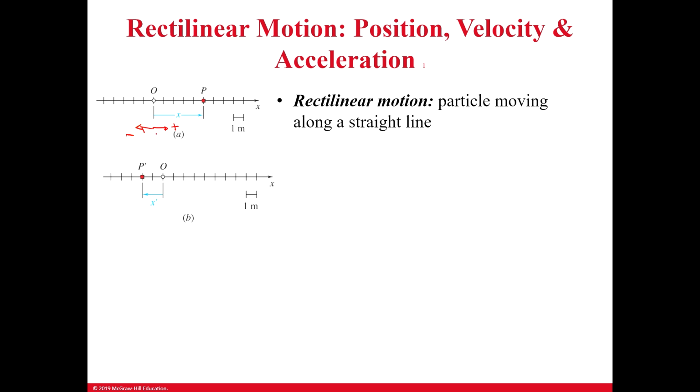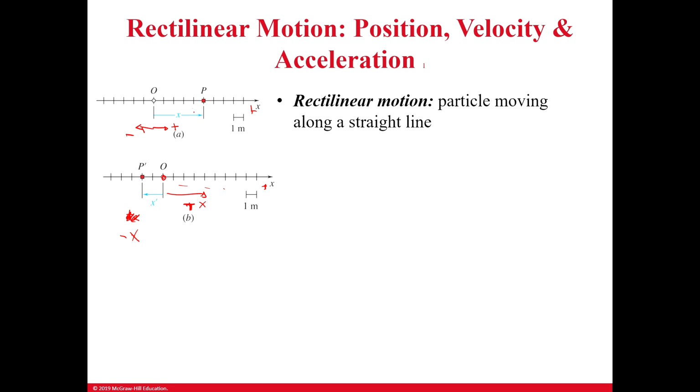Or you could have said that north is negative coordinates and south is positive coordinates. That depends on your coordinate system. All right, here they're saying it's positive to the right. So anything that goes to the right is positive and anything that goes to the left is negative.